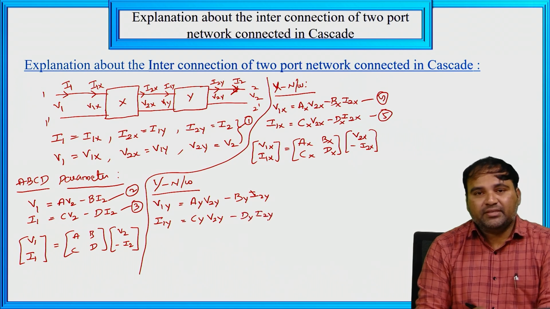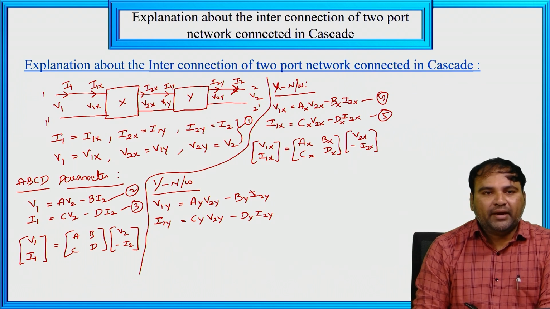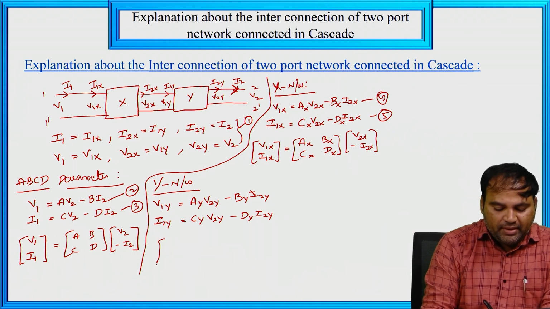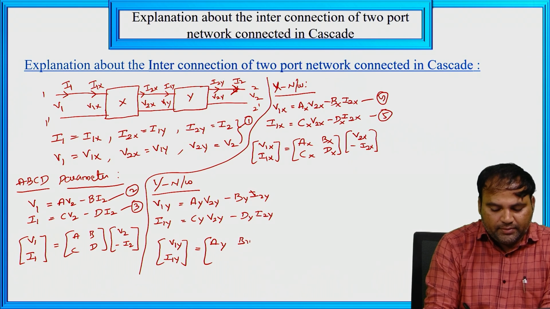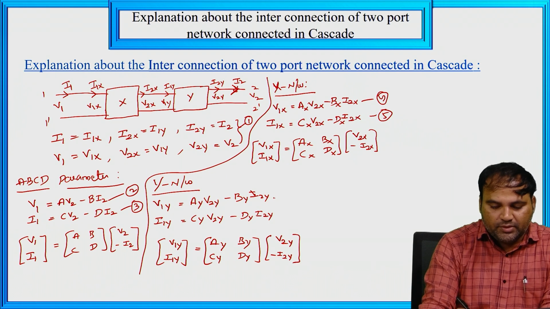Now we also write this equation in matrix form: V1Y, I1Y equal to the matrix AY, BY, CY, DY into V2Y, minus I2Y. So this is equation 6 and this is 7.